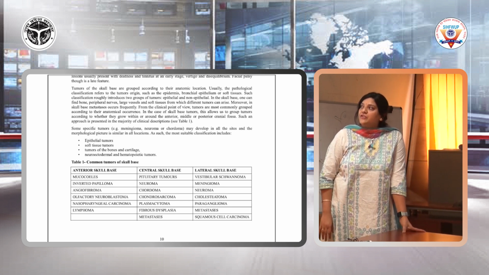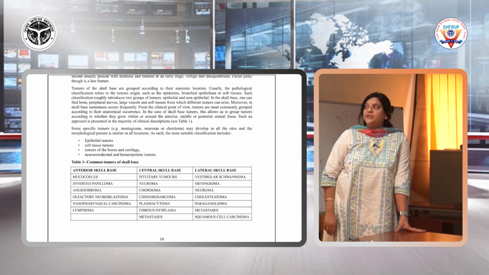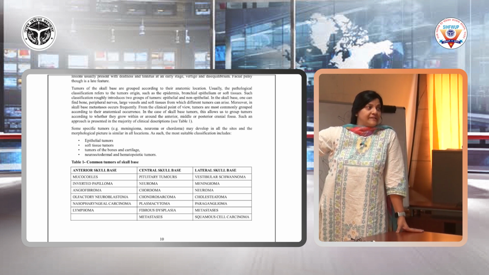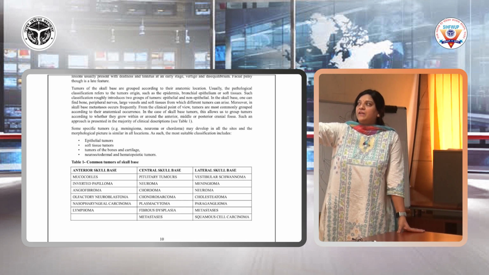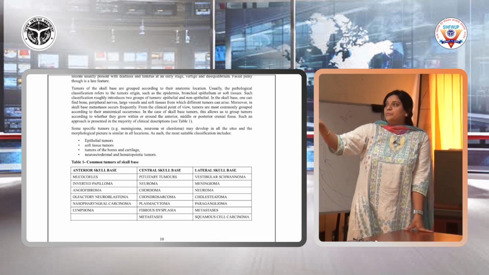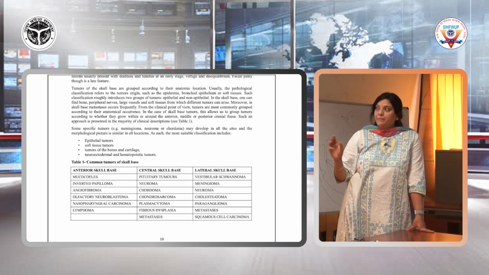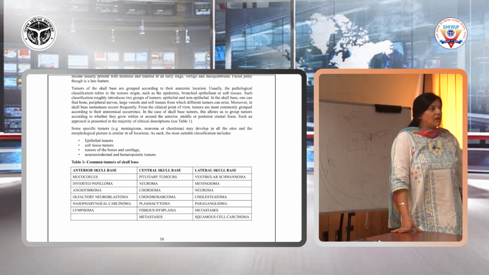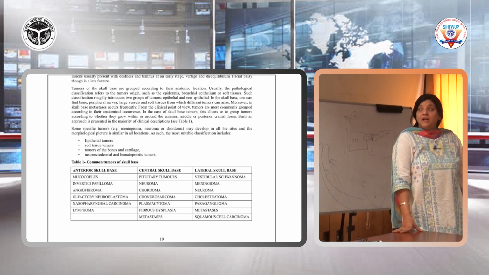So there is a classification dealing with the common tumors of the skull base: anterior skull base, central skull base and lateral skull base. In the anterior skull base, we have common lesions, for example, mucoceles, inverted papilloma, angiofibroma, olfactory neuroblastoma, nasopharyngeal carcinoma, and lymphoma.